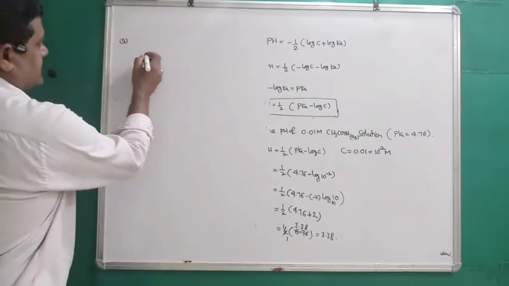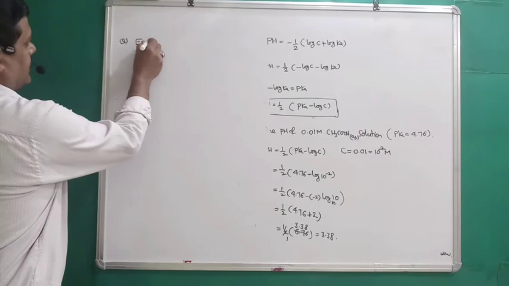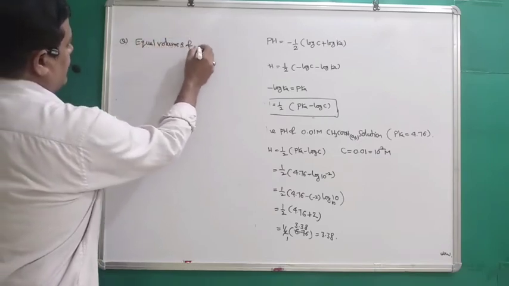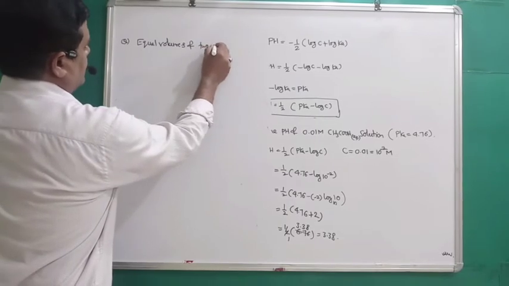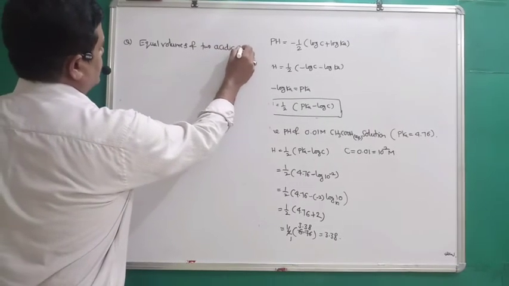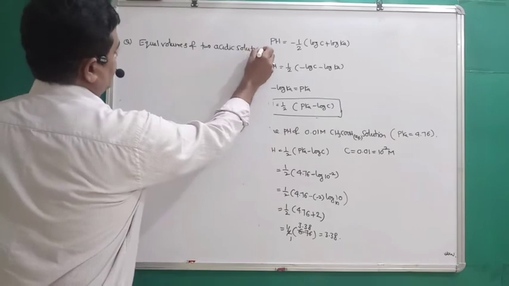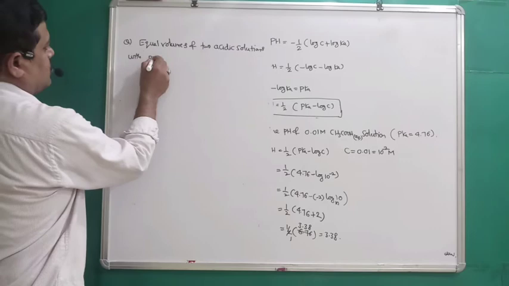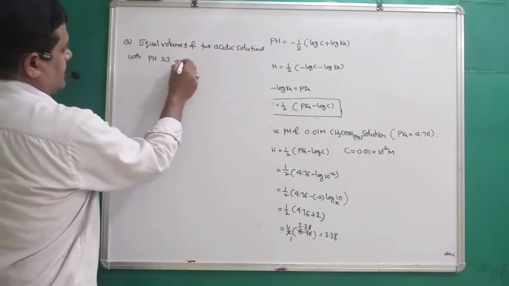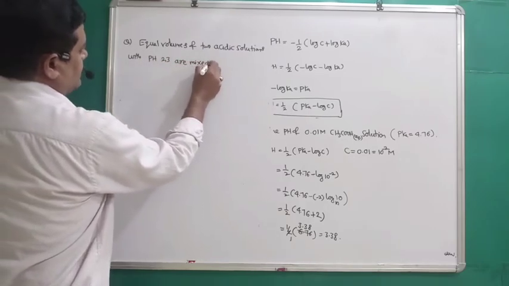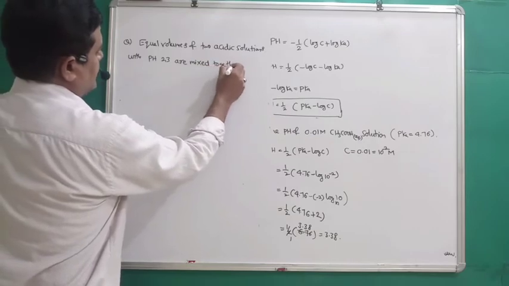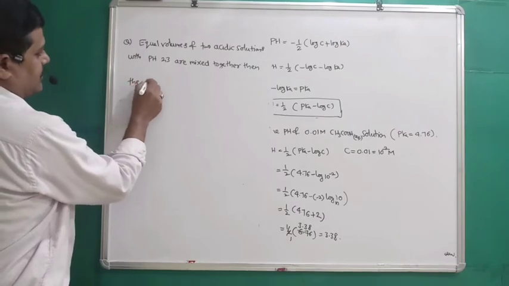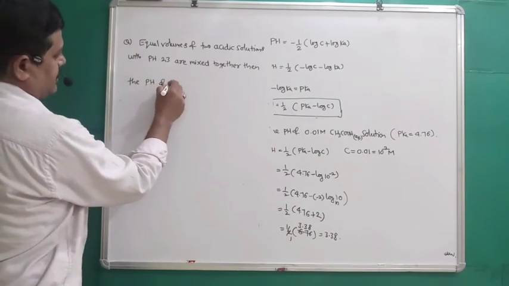The question is: equal volumes of two acidic solutions with pH 2, 3 are mixed together, then the pH of the resulting solution is?